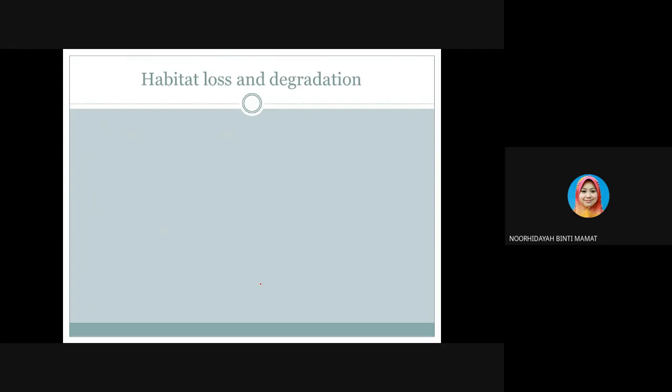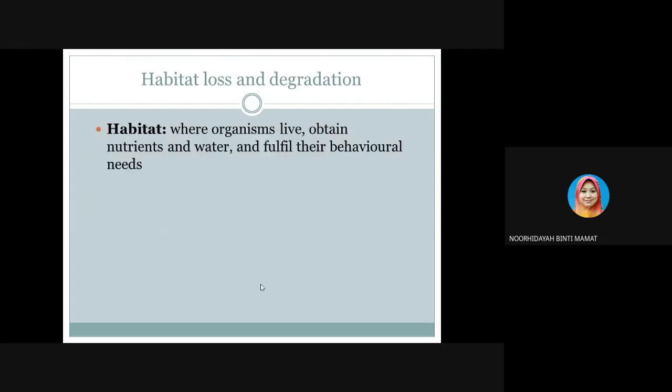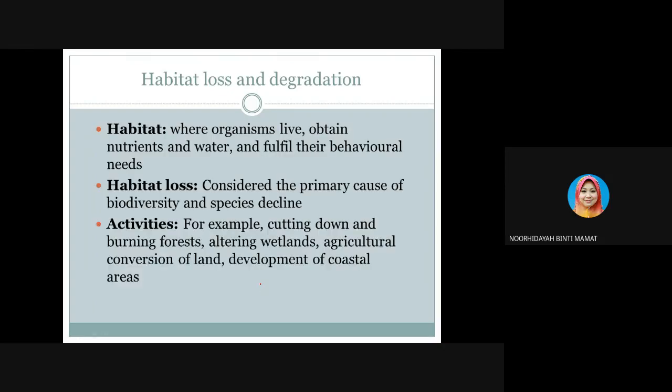So, habitat loss and degradation. The second one, habitat: here we are talking about where animals live, where animals obtain nutrients and water, and where animals fulfill their behavioral needs. That is what we call the habitat of the animals. Habitat loss is considered the primary cause of biodiversity and species decline.